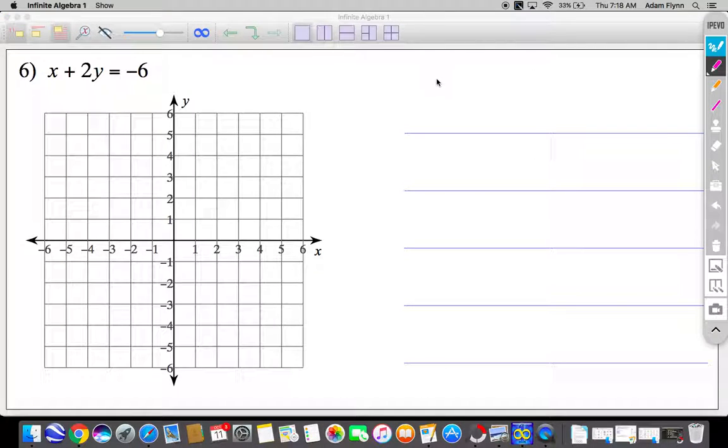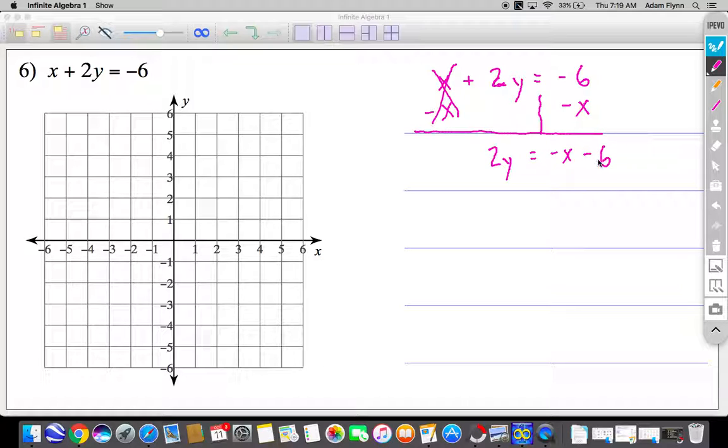We have x plus 2y equals negative 6. So I'll subtract x to get this into slope-intercept form. x minus x cancels, so we're left with 2y equals negative x minus 6.